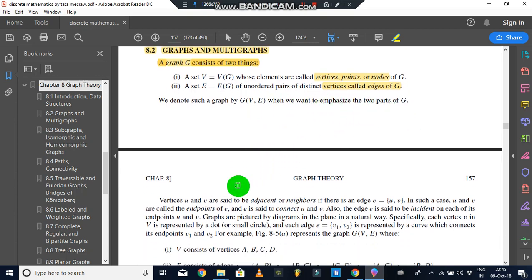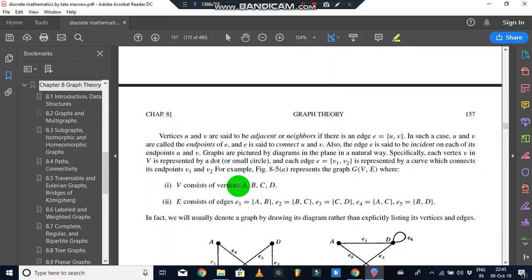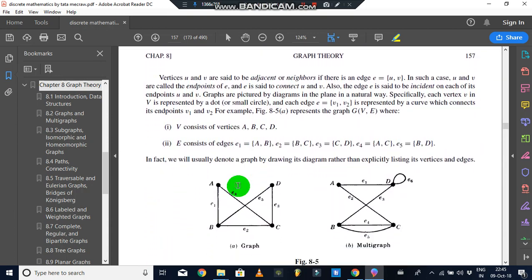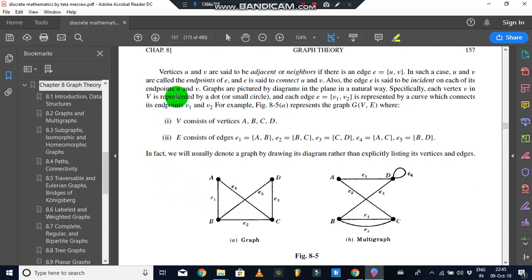So let's talk about it deeply. Vertices U and V are said to be adjacent. What is the meaning of adjacent? Adjacent means joined. You join me if you see my lecture.